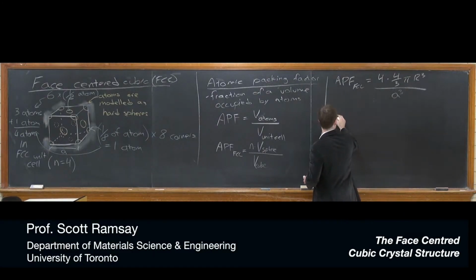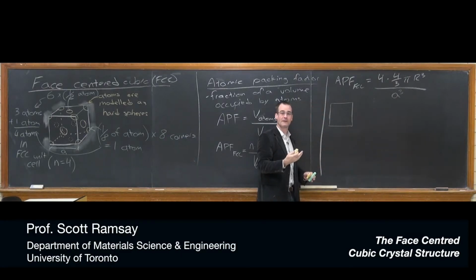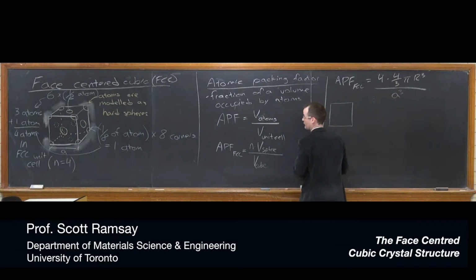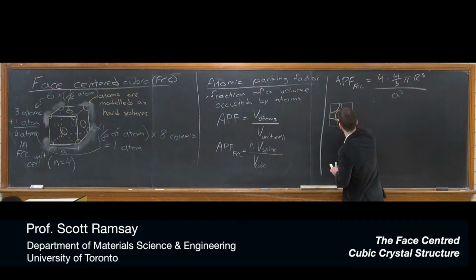So to do that, I can just step aside here for a moment in our derivation or our calculation, and draw one of the front faces of an FCC unit cell. So the front face of an FCC unit cell, I'll try my best to sketch it here, would look something like this. Okay? So the atoms are meant to be touching this central atom.